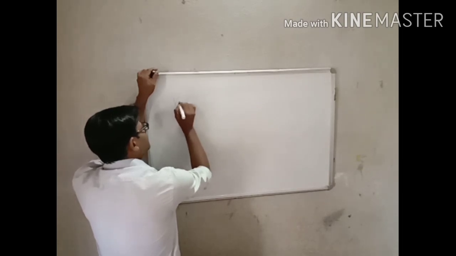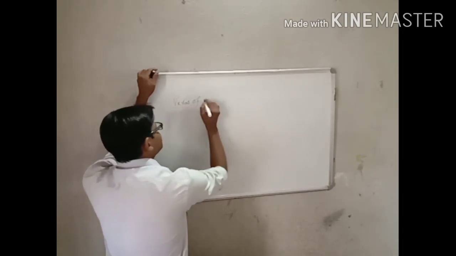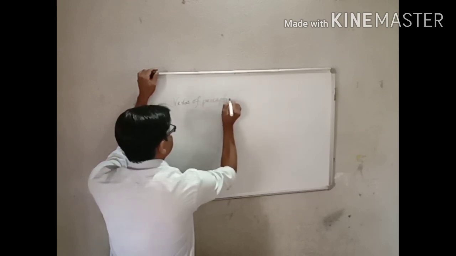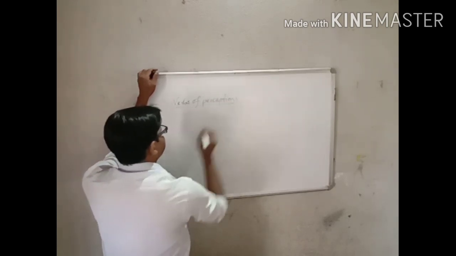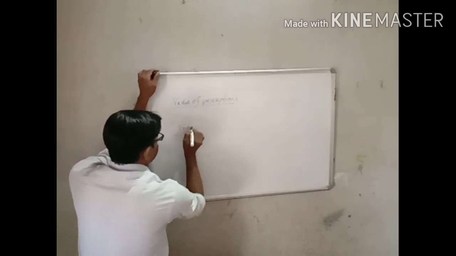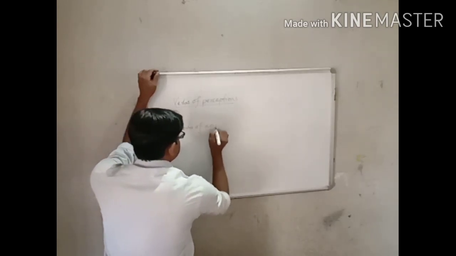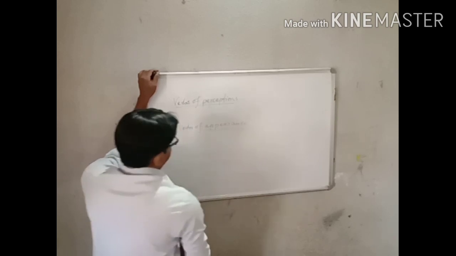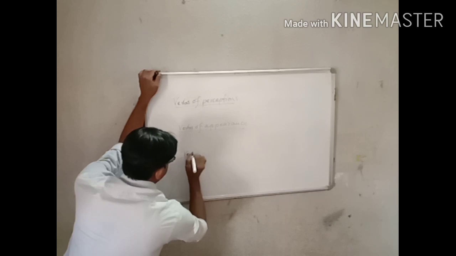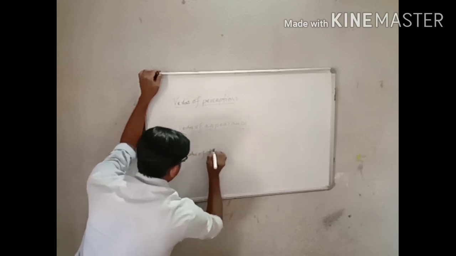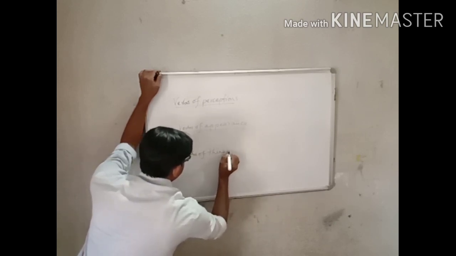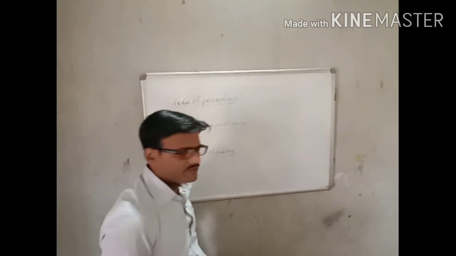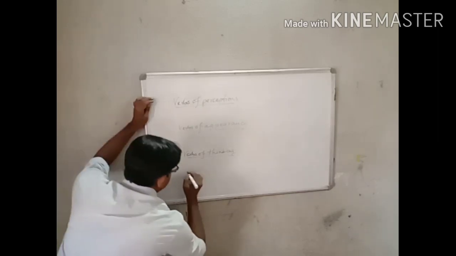Now let us see the verbs of perceptions. Then the verbs of appearance. Then the verbs of thinking. Then verbs of emotions.